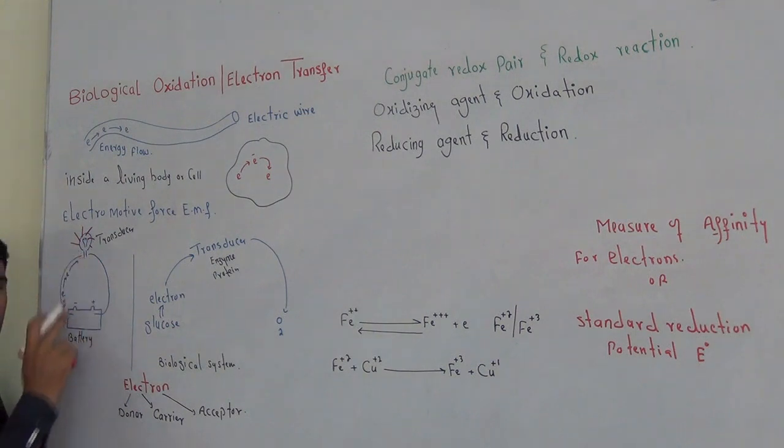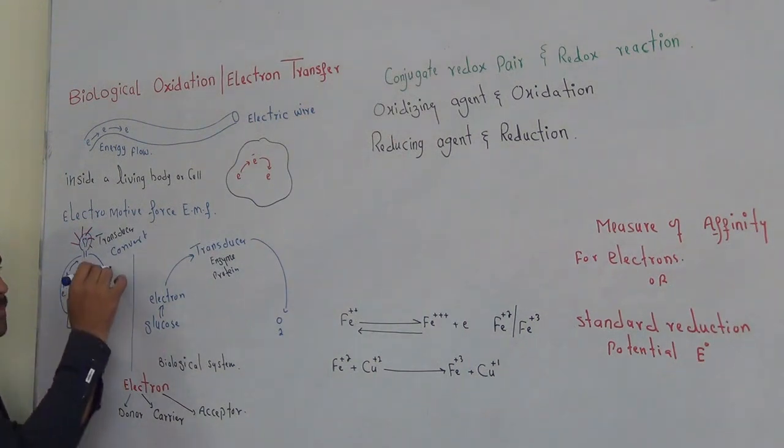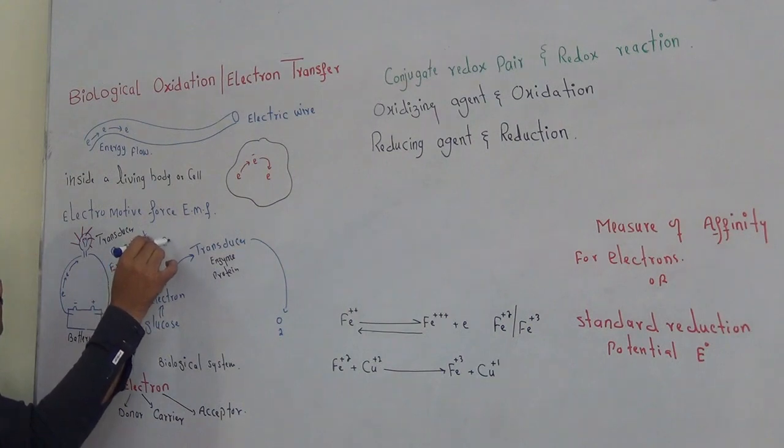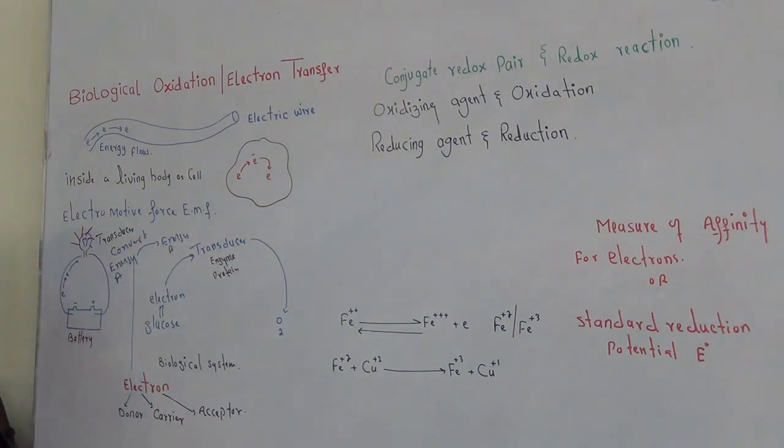So the bulb is called here a transducer, because a transducer converts one form of energy into another form of energy, A and energy B.